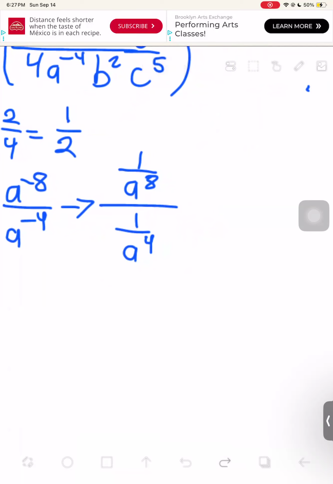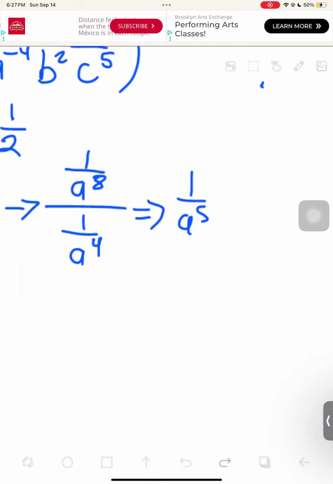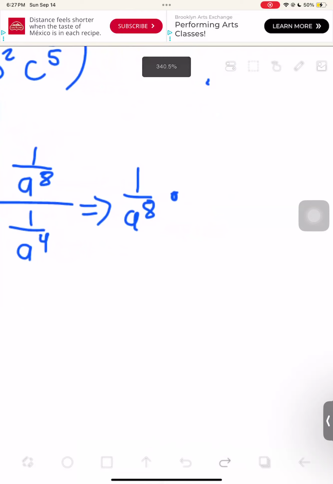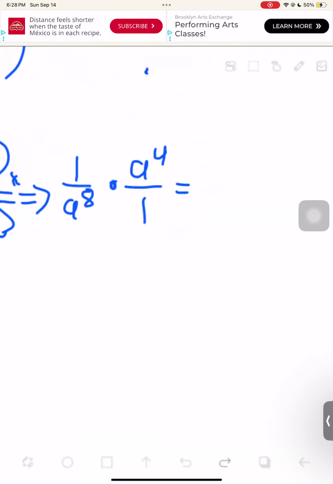This is keep, change, flip. Because we kept the first one, we changed our division into multiplication, and then we flip this around. And now we get a to the power of 4 over a to the power of 8.